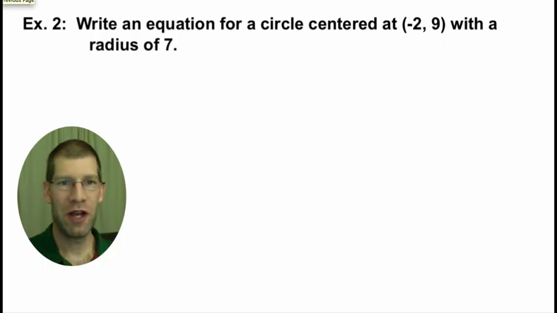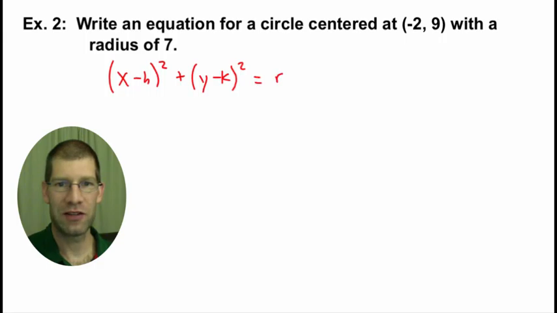All right, example 2. Write an equation for a circle centered at (−2, 9) with a radius of 7. Because that's not at the origin, we go with the equation (x − h) quantity squared plus (y − k) quantity squared equals my radius squared. Now we just need to fill in my h, my k, and my r.